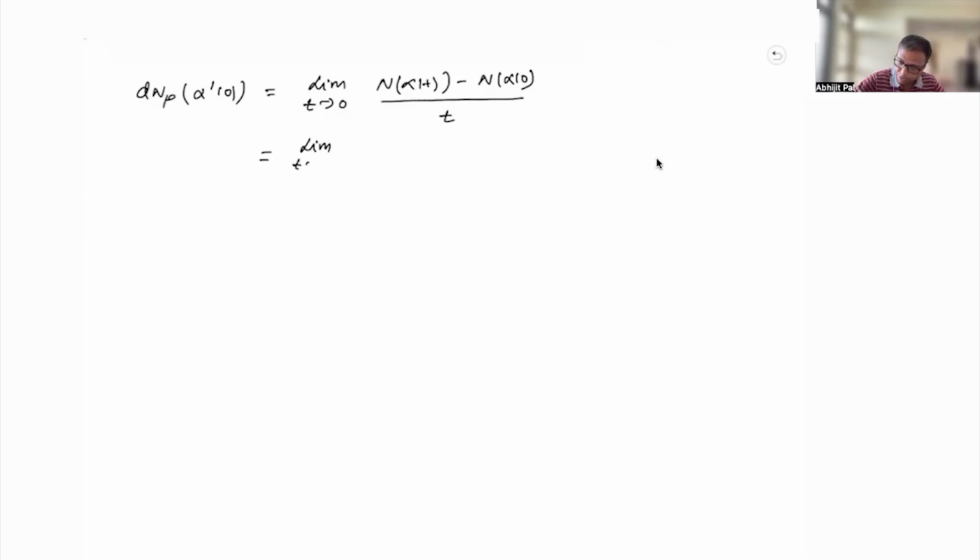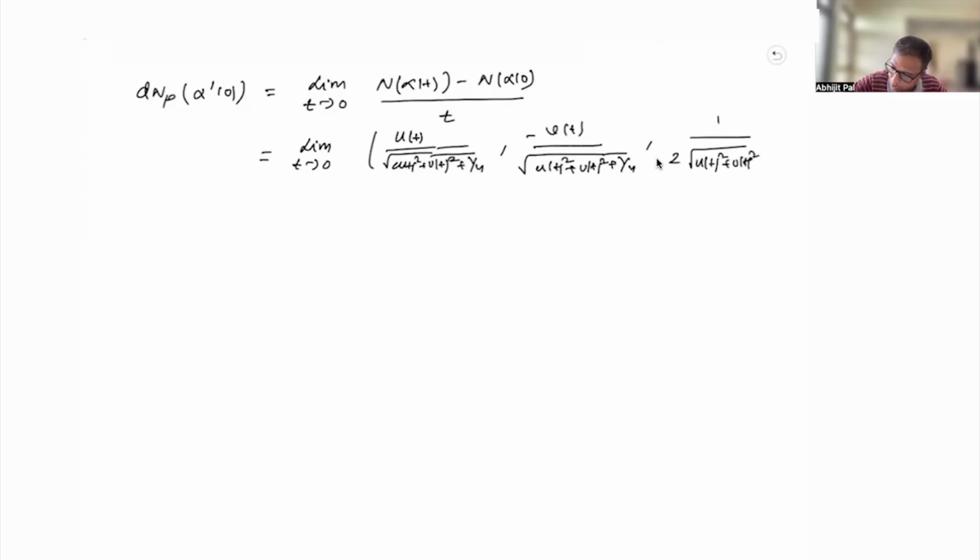N(alpha(t)) is (2u(t), minus 2v(t), 1 divided by 2) divided by root of u(t) square plus v(t) square plus 1 by 4, minus N(alpha(0)).